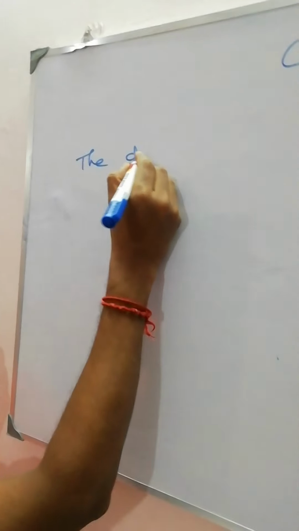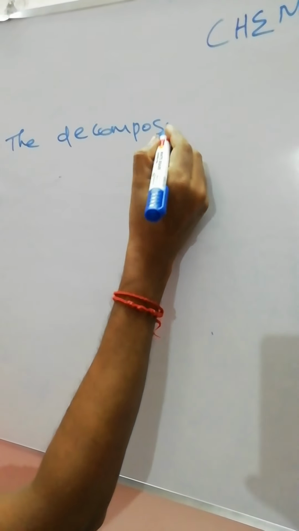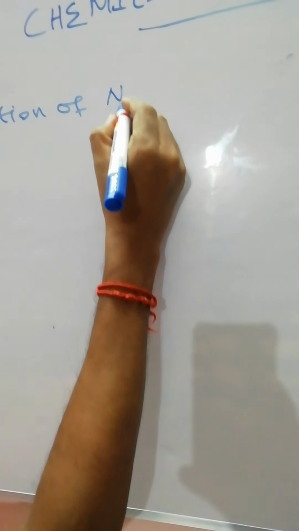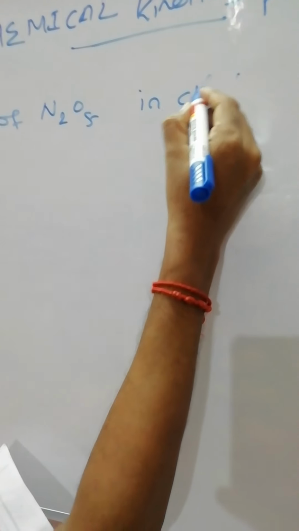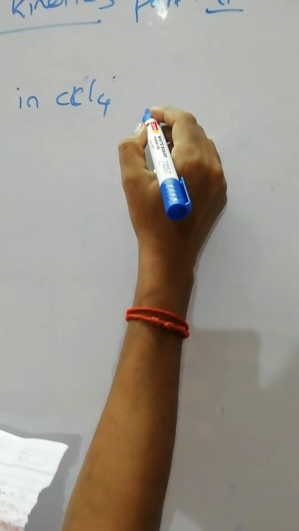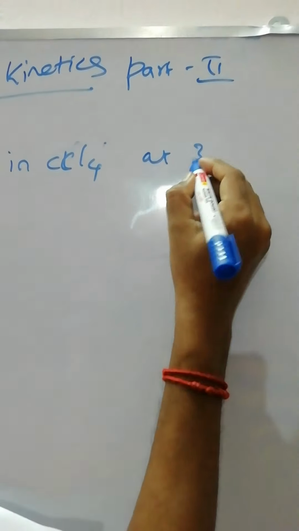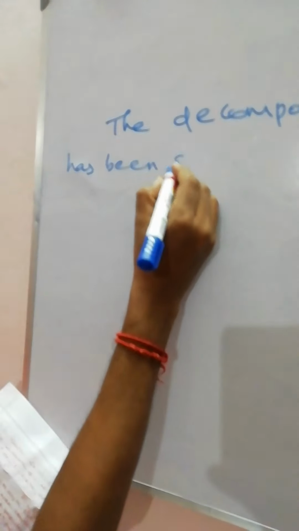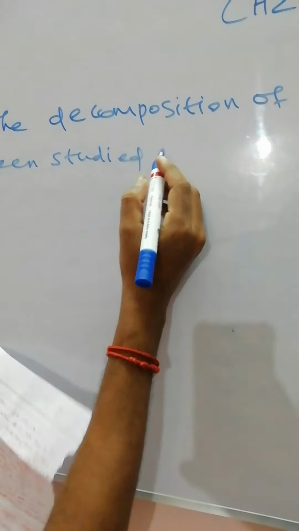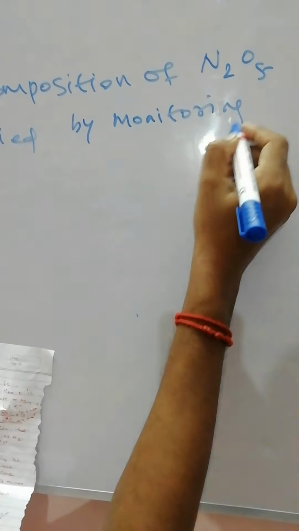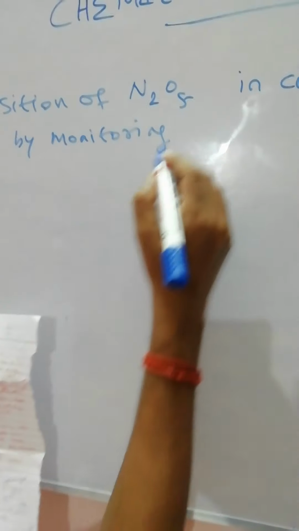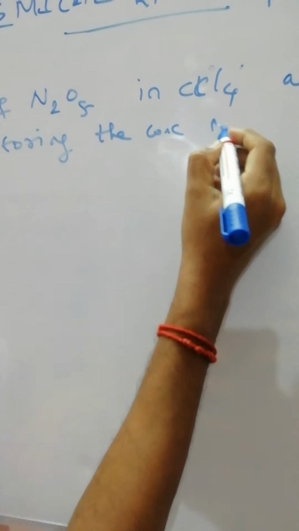The decomposition of N2O5 in CCl4 at 318 Kelvin has been studied by monitoring the concentration of N2O5.